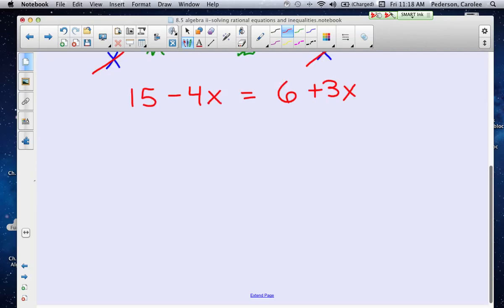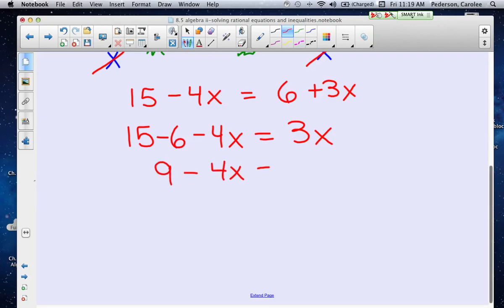Now I solve this equation as a linear equation. We try to combine like terms. So I'm going to bring that 6 to the left side. So I'm going to subtract 6 from both sides. So 15 minus 6 is 9. Then I want to get the negative 4x to the right.